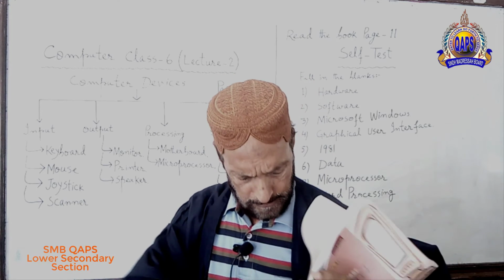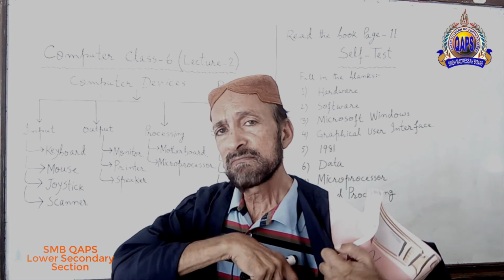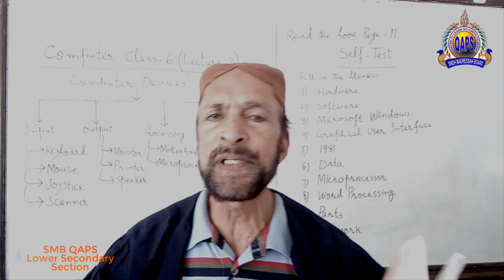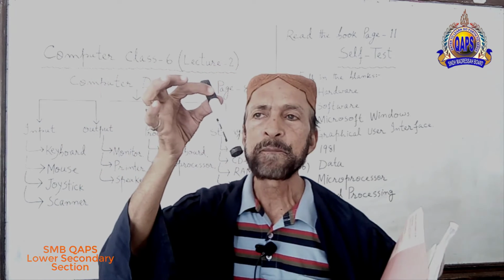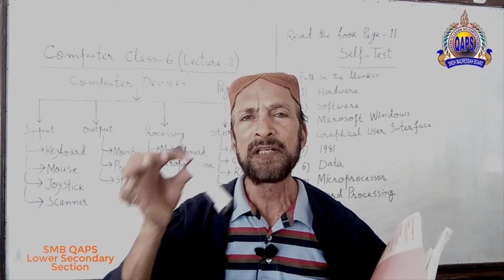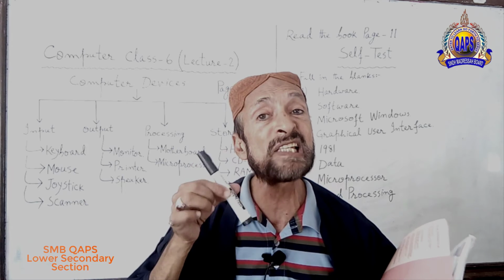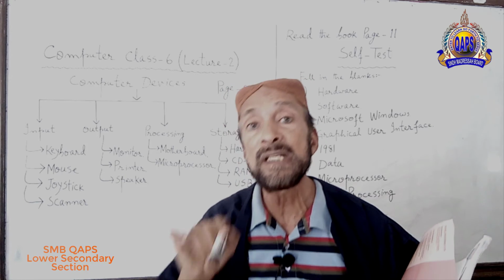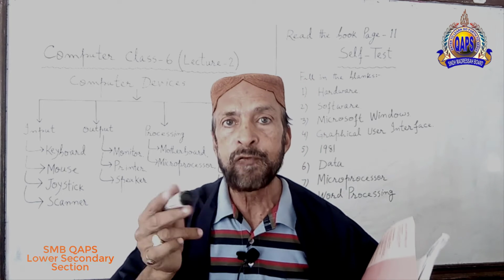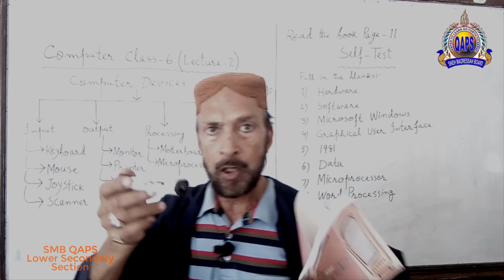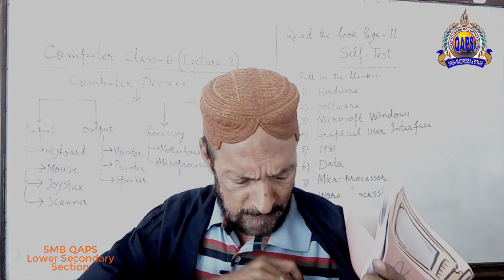I'm giving you an example. See, it's my pocket. Someone gave me this marker and someone said, hey, keep it with you. Where should I keep this thing? There should be a place. For example, this pocket. All right, I am placing it over here.